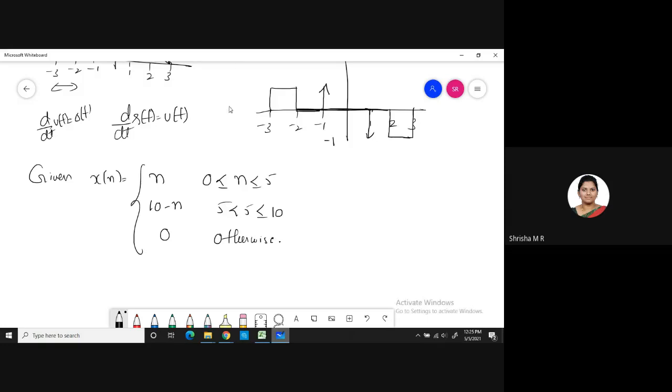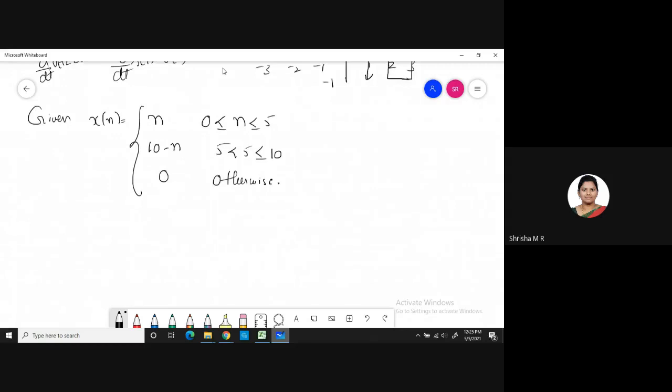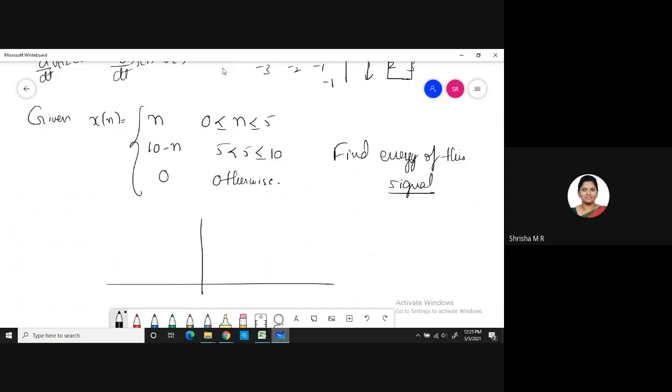So you have to plot this and find the energy of this signal. It's a finite duration signal, as we can see here. It's present from 0 to 10. So we shall try plotting this signal and we'll find the energy for this signal.